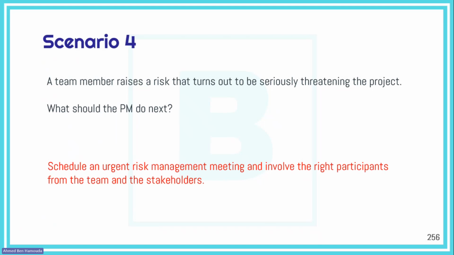What you need to do next is schedule an urgent risk meeting, and involve the right participants. When we say the right participants, that could be people from the team or from the stakeholders, but the participants should be people who can contribute to resolving or mitigating this risk, or maybe people who might have some input or some data for us. So that's an example of when you could schedule a risk meeting.